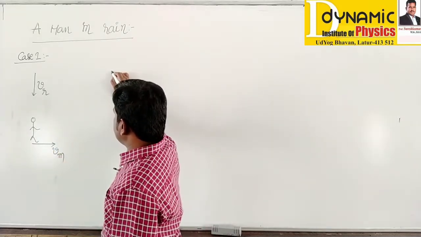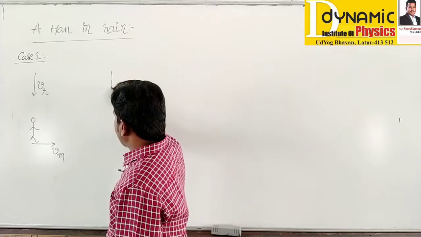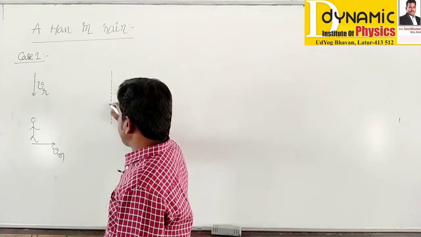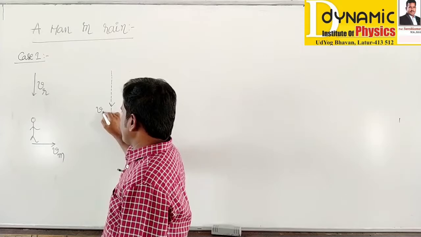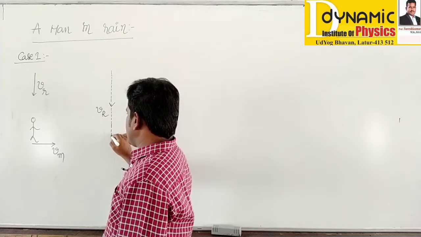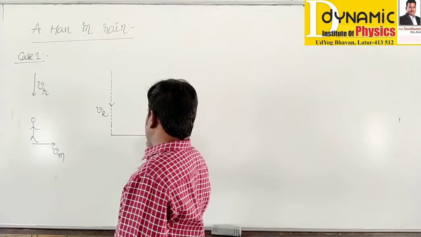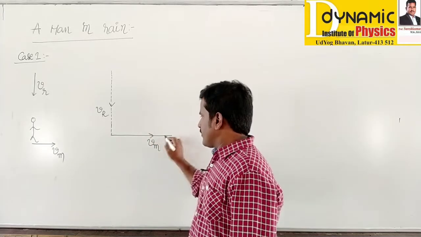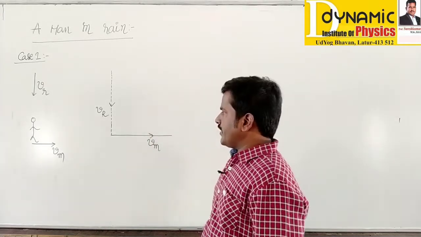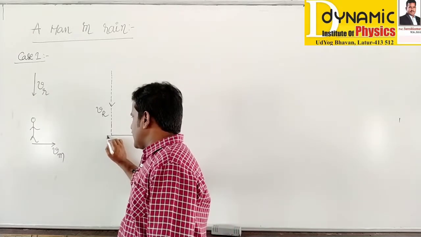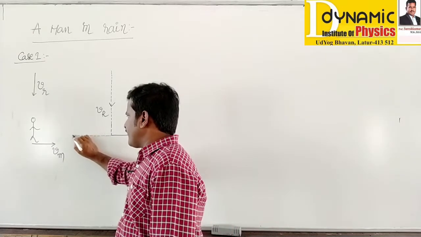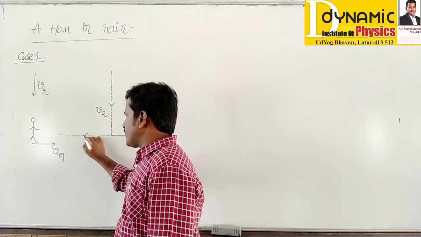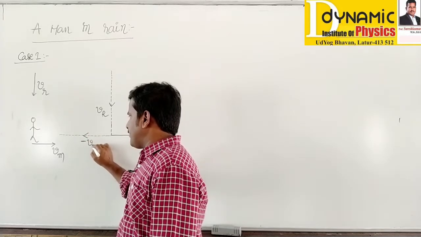In this condition, the direction of rain is Vr. The direction of man is Vm. So this is the direction of V man, and the opposite direction is minus Vm.